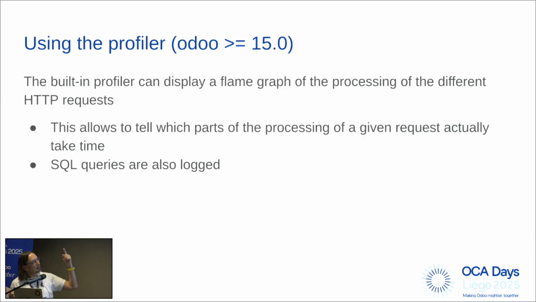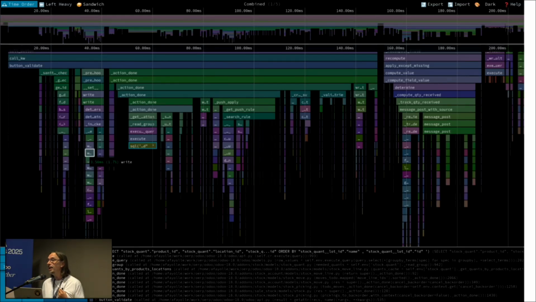So you get a flame graph of the processing of the different HTTP requests. And you can tell which parts of the processing are actually taking time. And you get, which is something you didn't get before easily with the built-in profilers of Python, the details of the SQL requests which are being issued to the database. It looks like this.